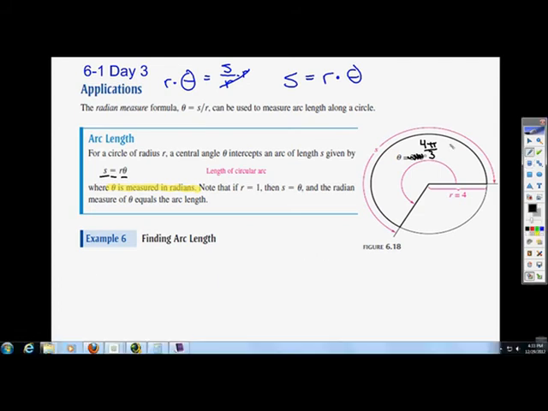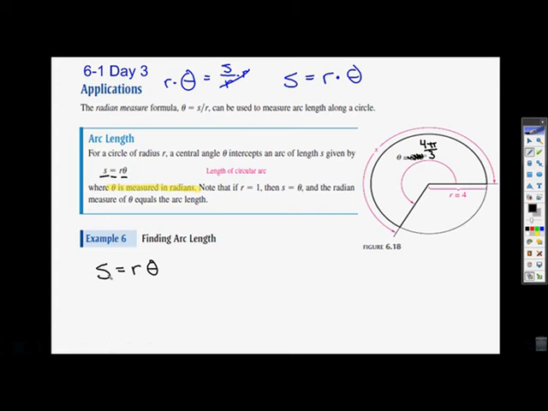So now that we've converted the angle into radian measure, we just multiply by the radius. Here in this formula, S equals R times theta. Well, we're trying to find S. We know our radius from the picture is 4. And now we have our angle in radian measure, 4/3 pi. And we multiply straight across. 16 pi divided by 3.